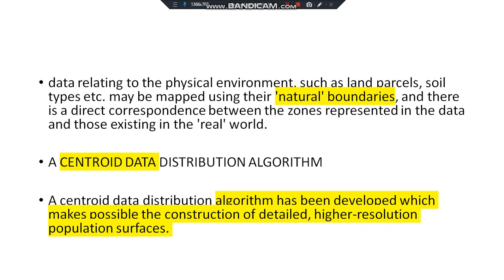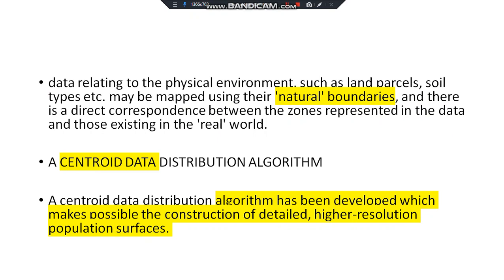Now, the basic thing is that data relating to the physical environment, such as soil, vegetation, agriculture, may be mapped using natural boundaries or political boundaries. But in the case of population data, it's a real problem because the population data set is a centroid data set.